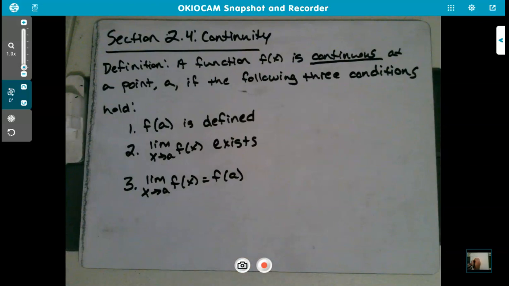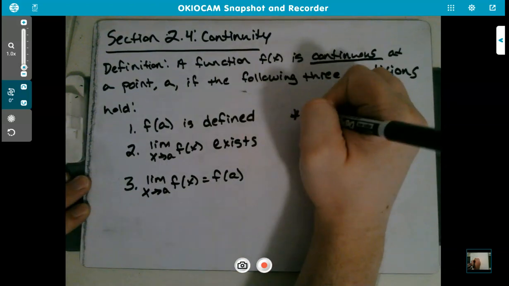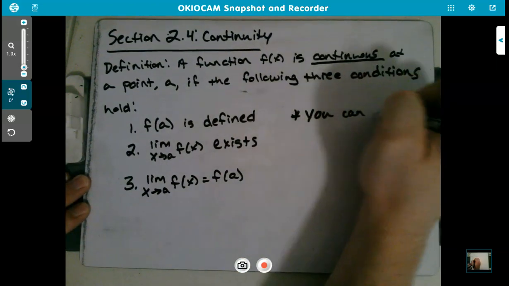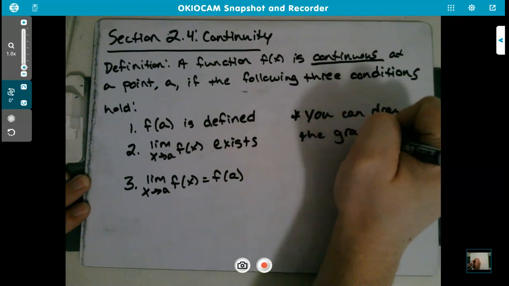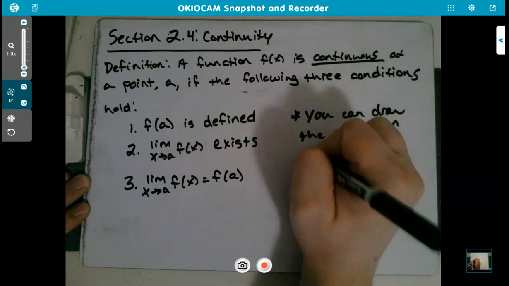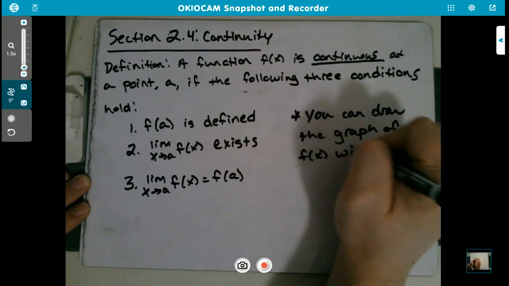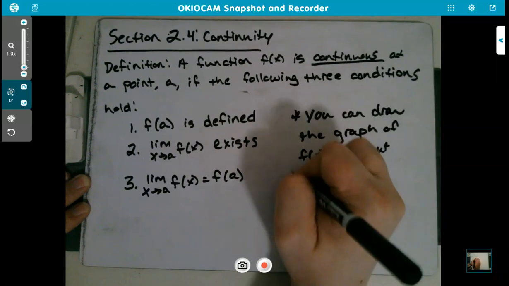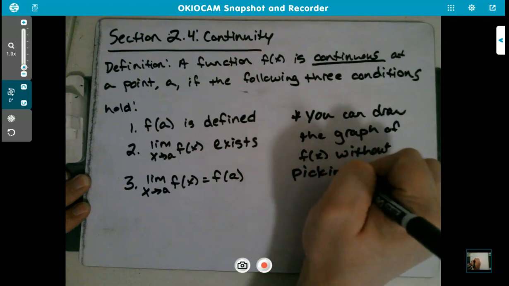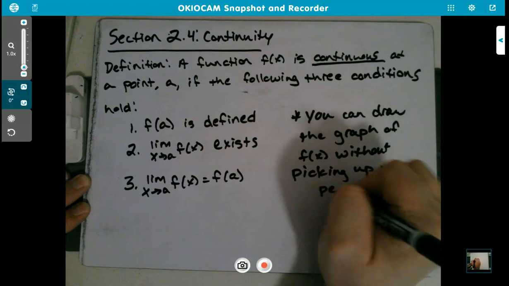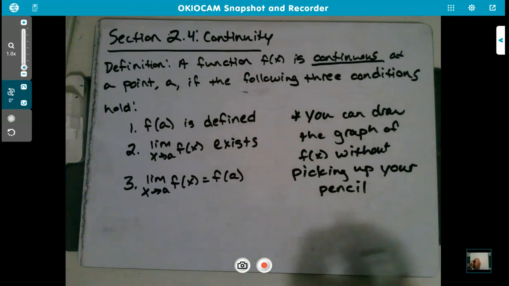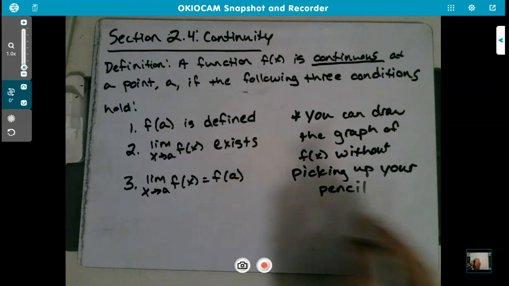This is a fancy way of saying that you can draw the graph of f of x without picking up your pencil. There is a point there, and as I get close to that point, I'm getting close to where f of A is defined. So basically it's just a smooth line.